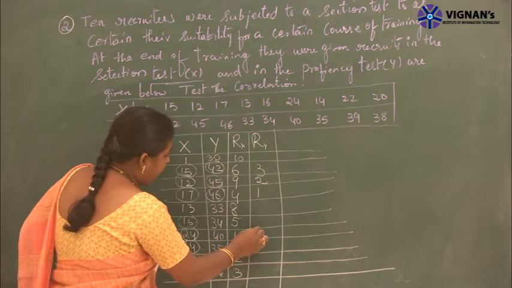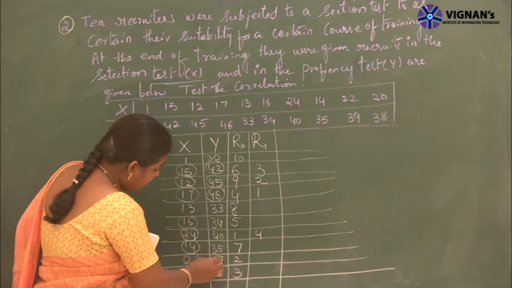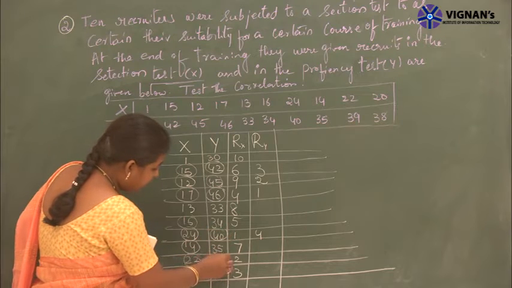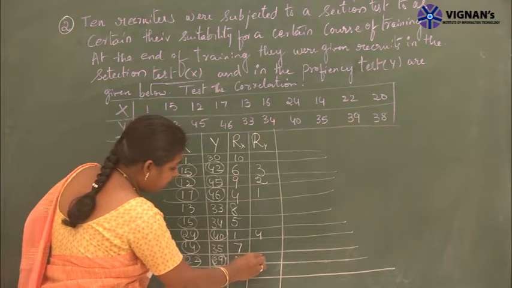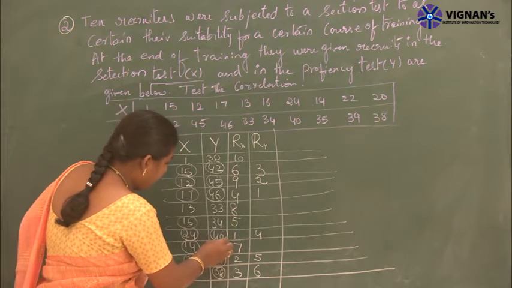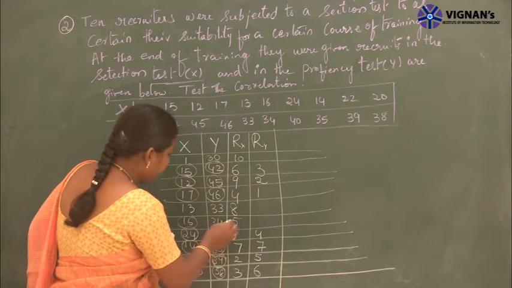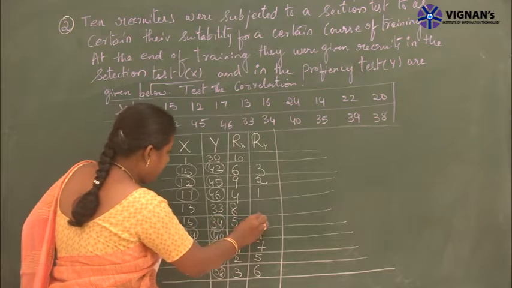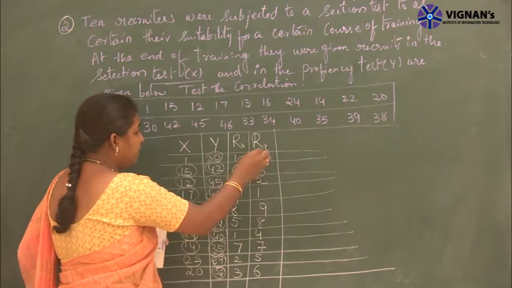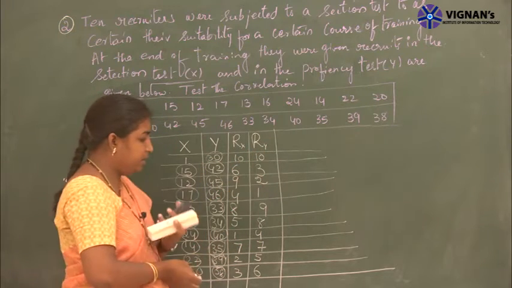Next is 40, rank 4. 39 is the next maximum, rank 5. Next 38, rank 6. 35, rank 7. 34, rank 8. 33, rank 9. And 30 is rank 10.